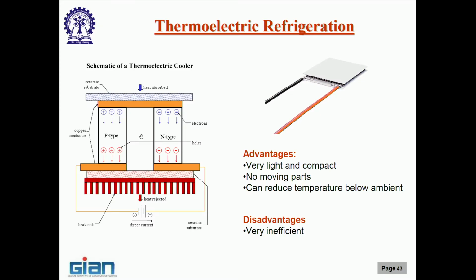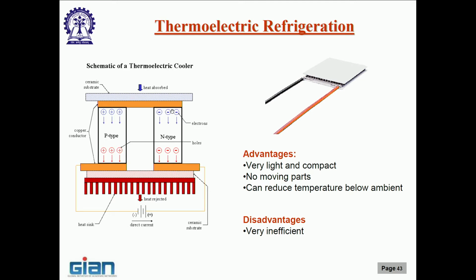So, if you take a p type and n type and connect them such that they are electrically in series like this, you see they are connected at this end, and I am just showing one such couple and I am applying a voltage across it, then what happens? The current is going to flow in this manner, right.